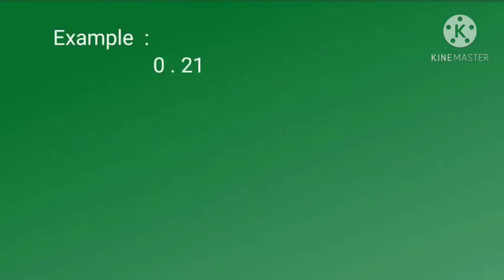At last, we get the fraction. For example, to convert 0.21 into a fraction, remove the decimal and write it as 21. Then write the denominator, which is 1 followed by 2 zeros, as there are 2 digits after the decimal point in 0.21. So we get 21 by 100.